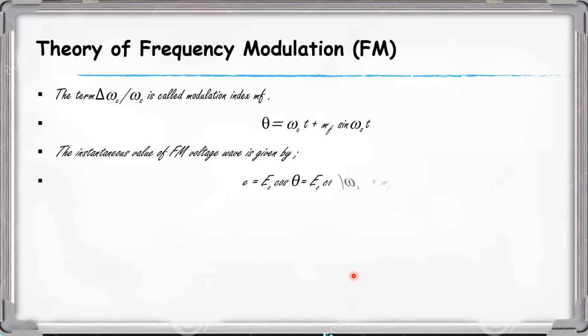Then the instantaneous value of the FM voltage can be written as e equal to Ec cos theta. Why do we write it this way? Because in FM, the only change occurs in its frequency part, so theta corresponds to omega t. Substituting for theta, it is equal to Ec cos of omega c t plus mf sin omega st. From this expression we can infer that the frequency of the carrier is changed according to the signal.